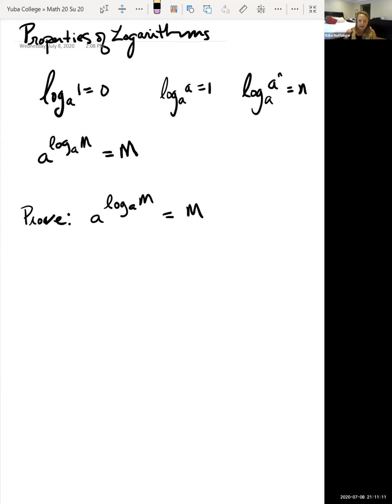Okay, well, let's get some stuff that we know. So let f of x equal a raised to the x power. Then we know that the inverse function, logs and exponentials are inverses of each other, is log base a of x.